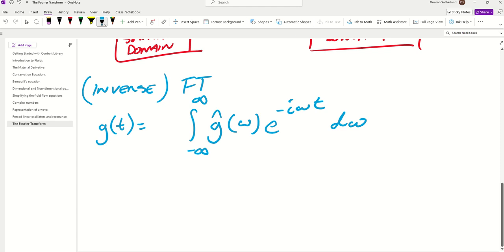Now, it turns out that when you do this, you don't actually get your original g of t back. There is a factor of 2 pi which pops up from this e to the i omega t type thing that we're multiplying by. So in order that our forward and reverse transforms do not introduce a multiplicative constant, we divide out that constant like so.